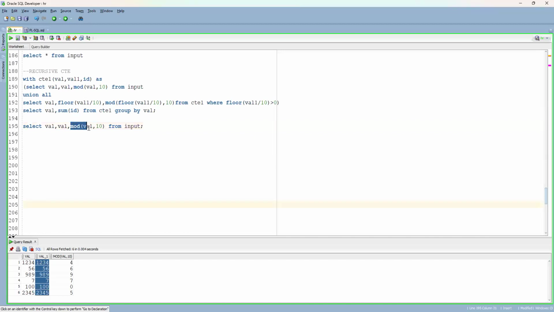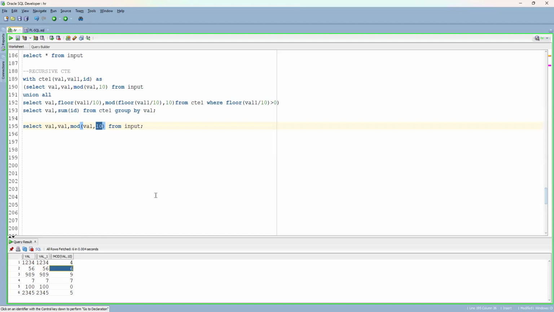Then we have this mod function. I hope you all know what mod function is. So I'm telling the SQL engine to please divide val by 10 and tell me the remainder. Like 1234, if I divide by 10, what will be the remainder? Of course, 4, right? 56, if I divide by 10, what will be the remainder? 6, okay?